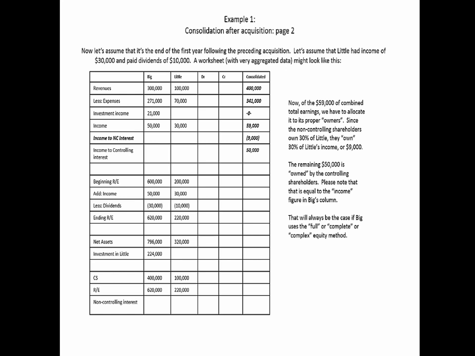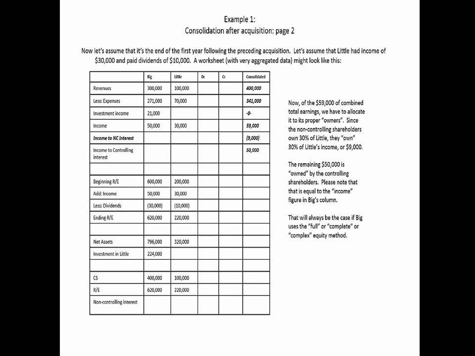Now please note that that $50,000 is equal to the income figure for Big. That will always be the case if Big company uses the full or complete or complex equity method. The equity method is sometimes referred to as a one-line consolidation if and only if the full equity method is being used.